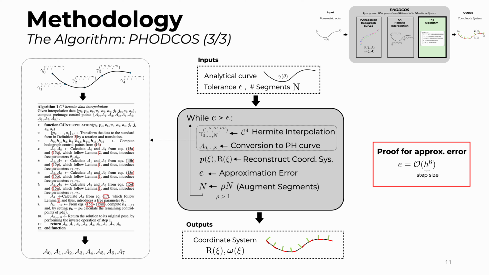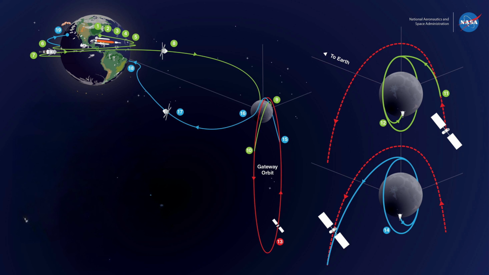So having defined all three ingredients of our method PHODCOS, now we are ready to show how this will be used in a practical example. To do that, we conduct a tutorial example over the Near Rectilinear Halo Orbit, or the NRHO, associated with the Lunar Gateway.